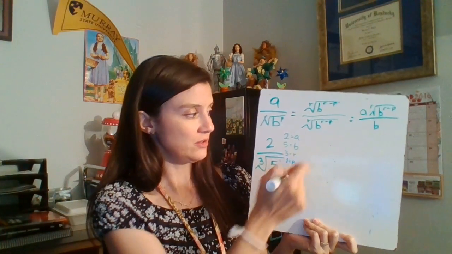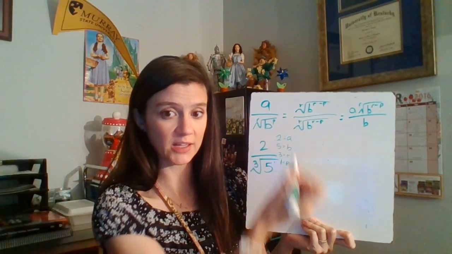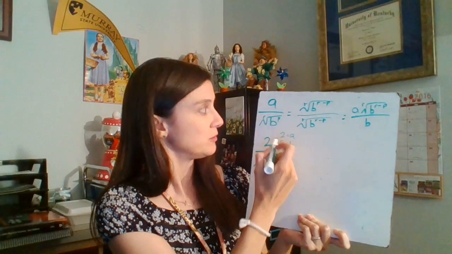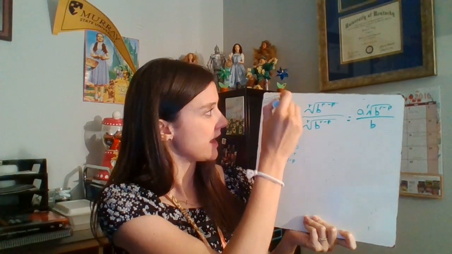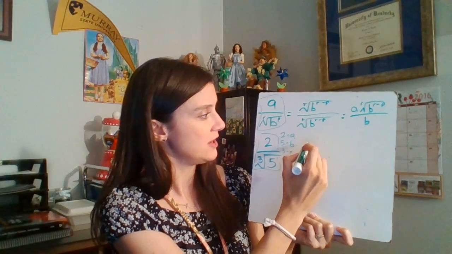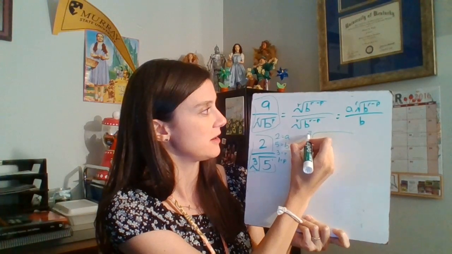Once you've listed out what each of your numbers are for the formula, then it's just a matter of plugging them into their spots. So this is the same as this. We're going to move it over here. So at the top here, my little r is 3. Put the 3 here.